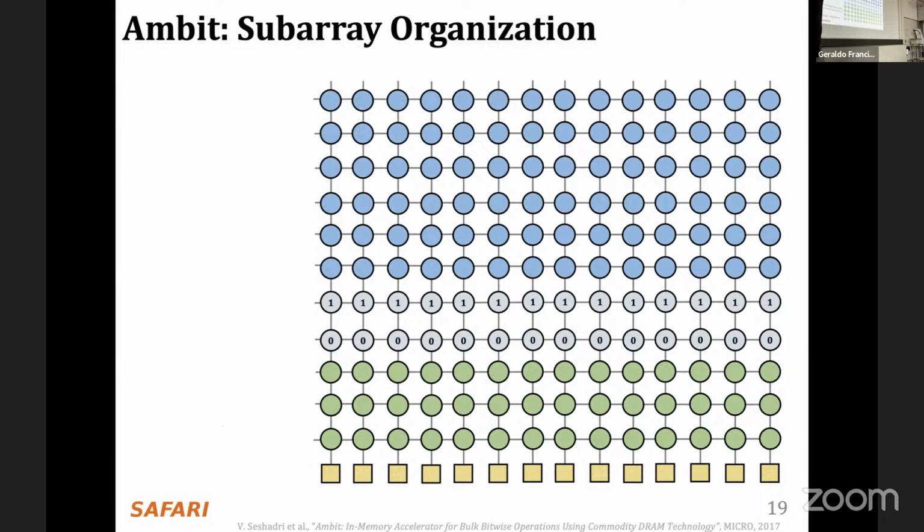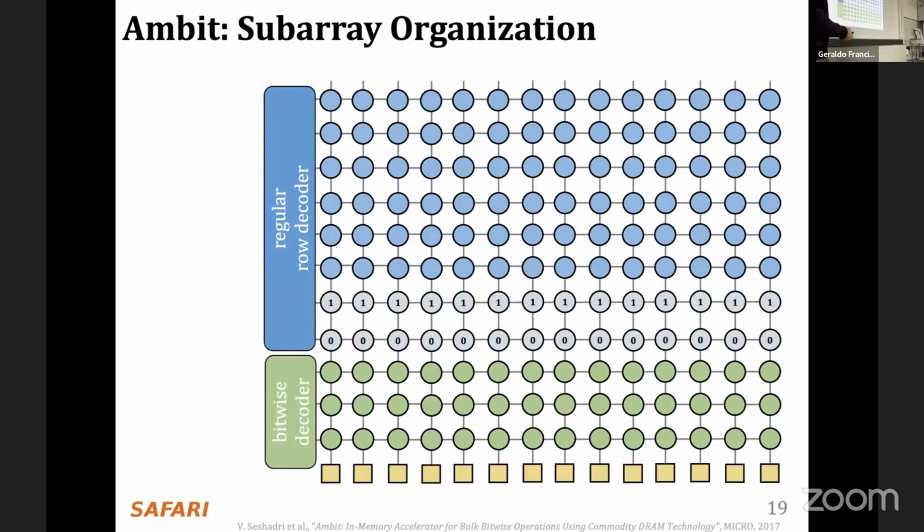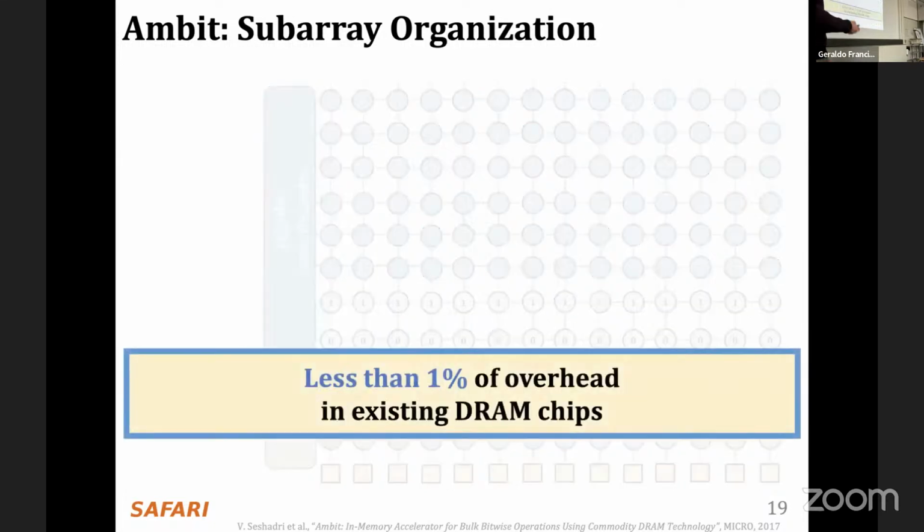The bitwise rows share a special row decoder, which with a single row address allows you to activate 3 DRAM rows at the same time. All of these modifications incur less than 1% of area overhead on top of existing DRAM chips.